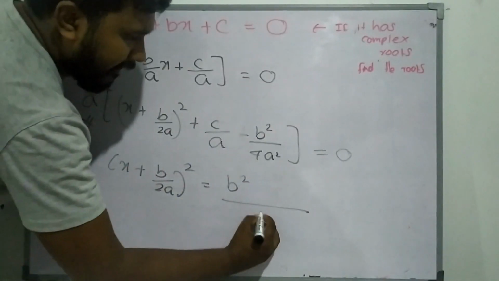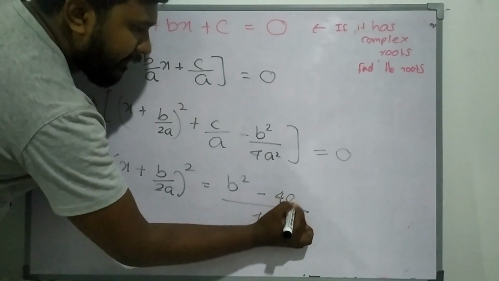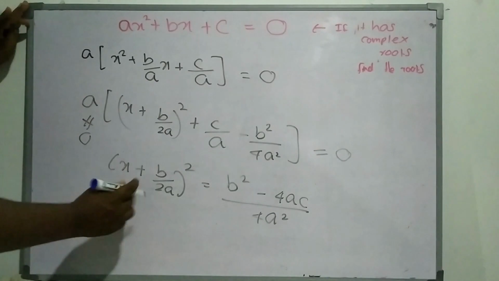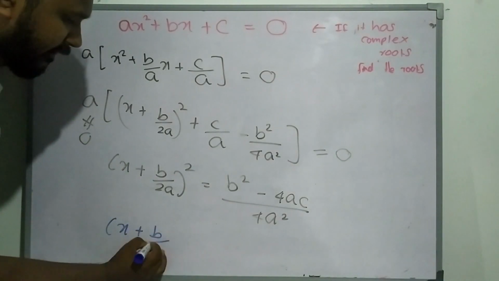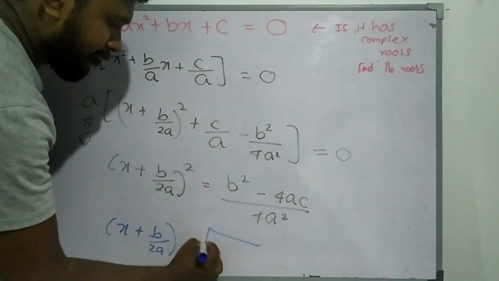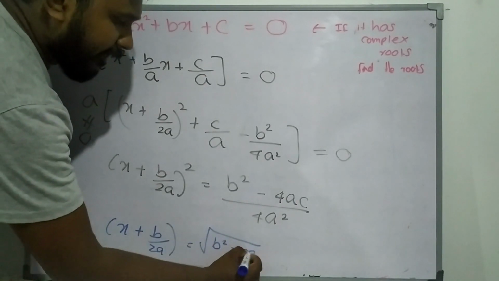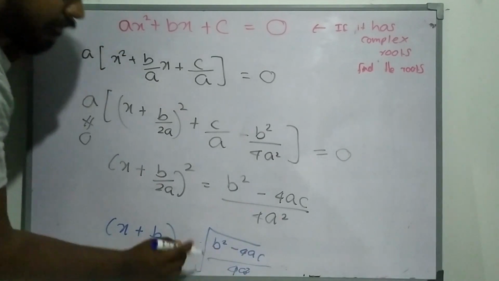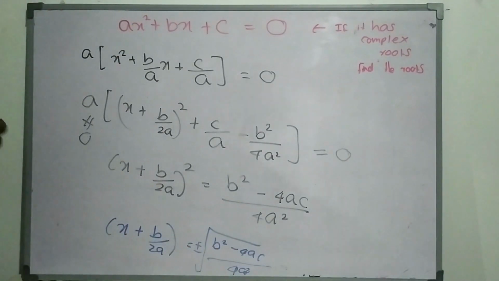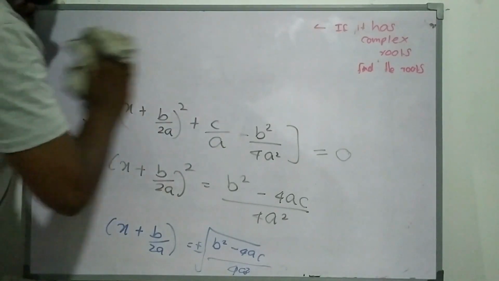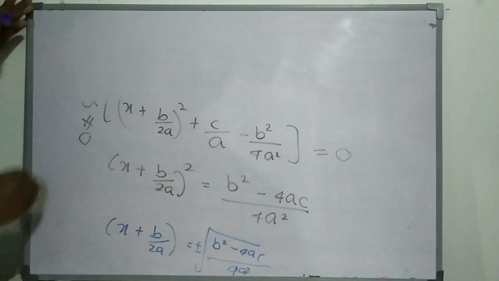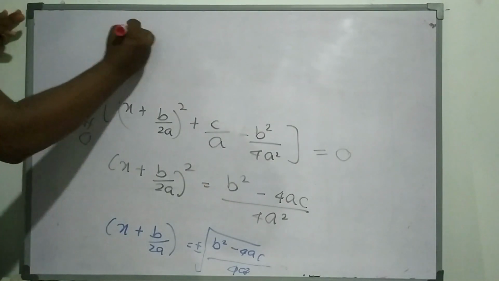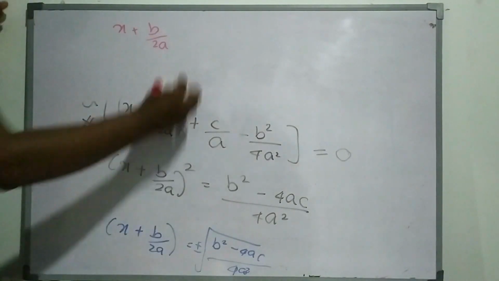Here I am taking 4a square to the denominator and removing the square root: square root of 4ac over 4a square, the whole thing, plus or minus, x plus b over 2a equals.